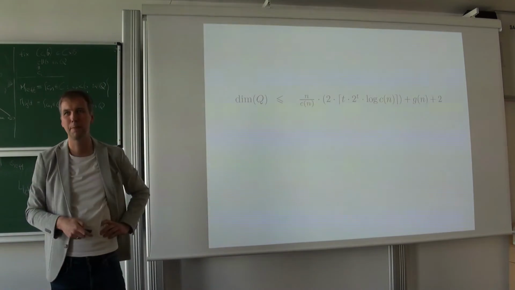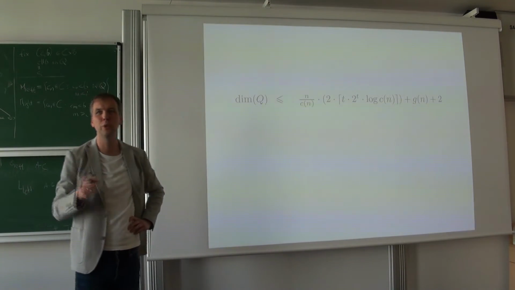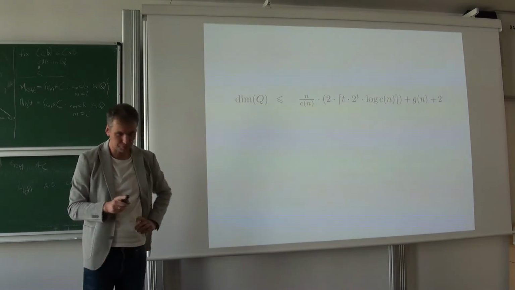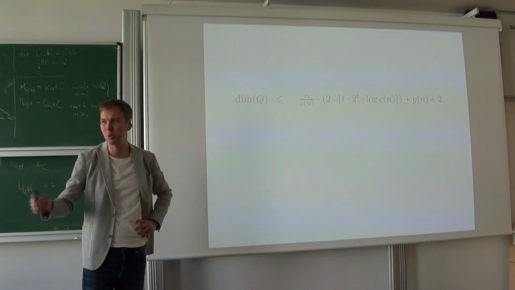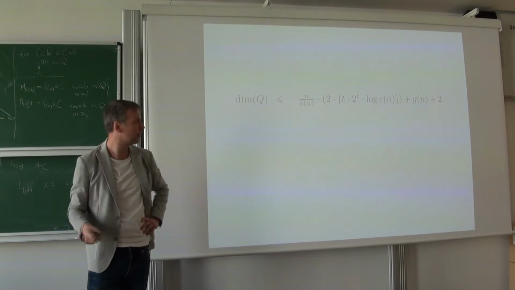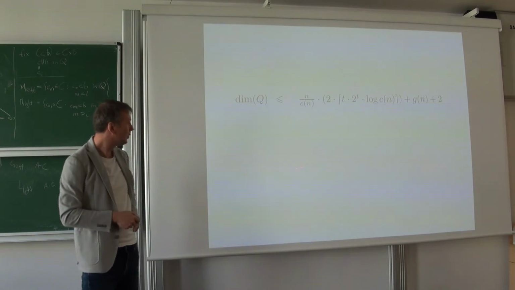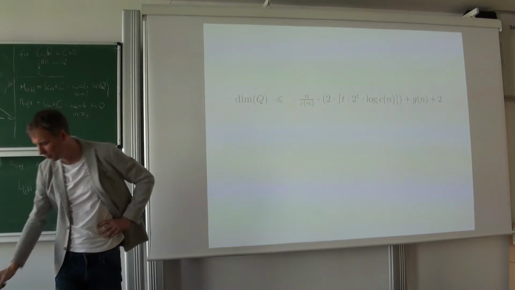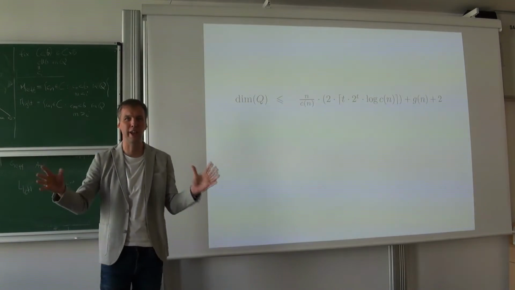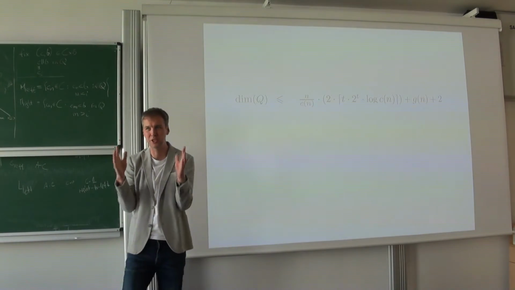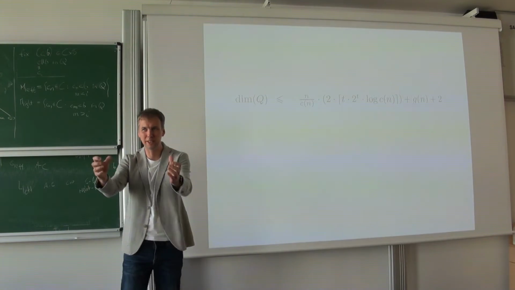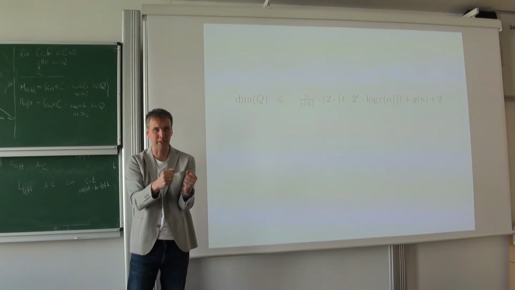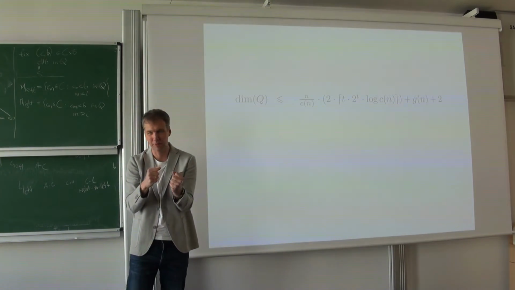Here's the final thing. What are we doing? Dimension of Q. We are constructing a realizer, and its size will bound the dimension of Q. How do we do it? Well, as long as our universe of A is at least of size g(n), we find this guaranteed monochromatic subset of size c(n).